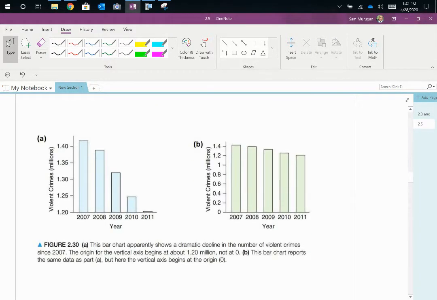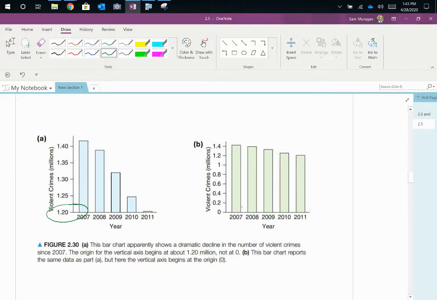If you look at these two graphs here, in bar chart A, the graph apparently shows a dramatic decline in the number of violent crimes since 2007. The origin for the vertical axis causes this to be misleading because they didn't start it at 0.